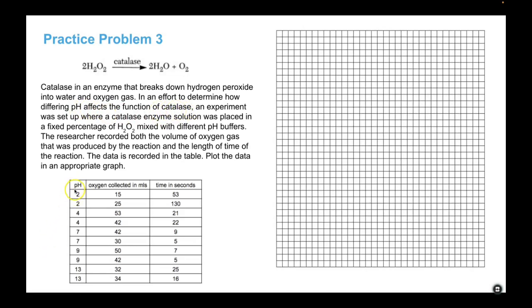And so here you have changes in pH and then the oxygen collected. So what type of graph do you think this is going to be if you're seeing how pH and the oxygen collected change throughout time? All right, you should have said line graph again because time is continuous.